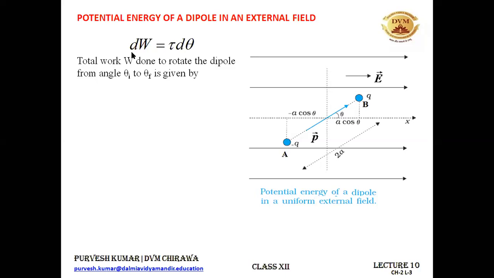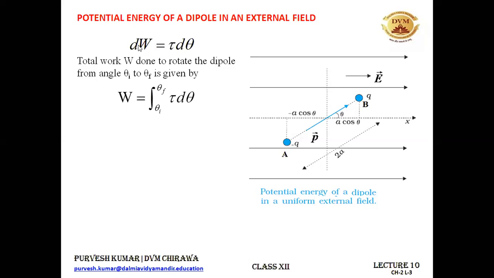So when you integrate it, you'll get like this. Total work done is the integration of the small work done, dW, from an initial angle theta I to a final angle theta f. So earlier the dipole was placed at an angle theta I, and you want it to be moved to an angle theta f. That is the integration of this small work done.